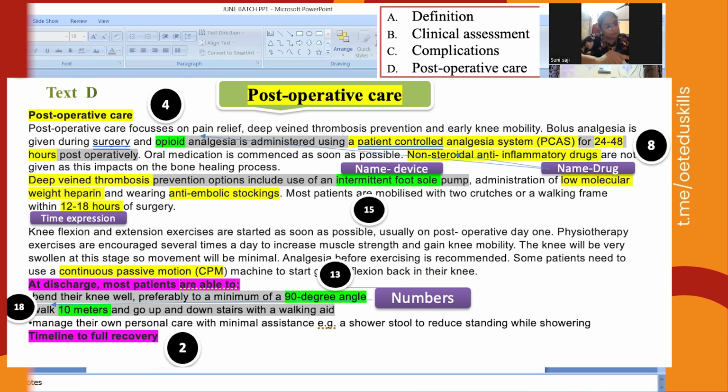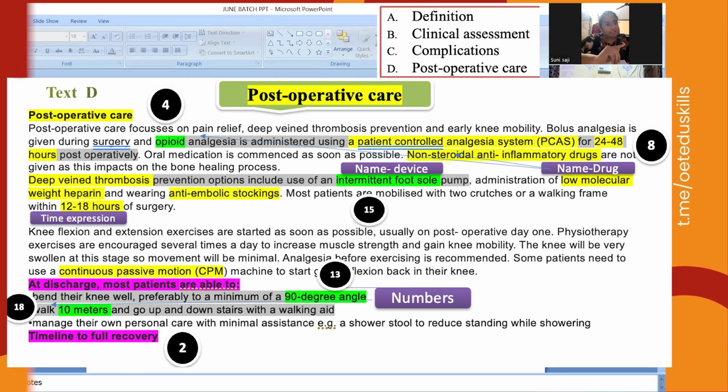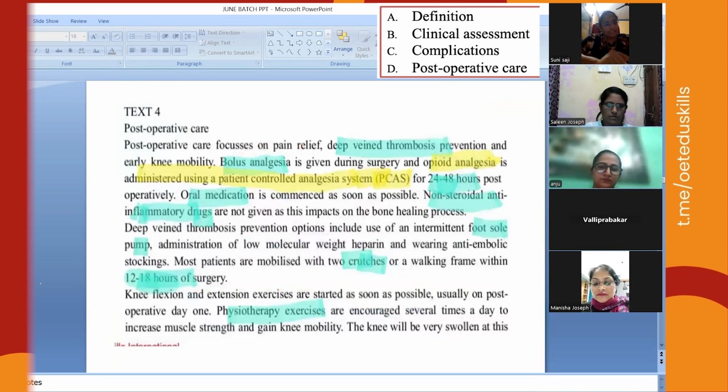Under post-operative care, I marked keywords like deep vein thrombosis, bolus analgesia, 24 to 48 hours, the oral medicine name non-steroidal anti-inflammatory, and the device intermittent foot pump, crutches, physiotherapy exercise. One highlighted word is PCAS. There it is mentioned opioid analgesia is administered using a patient-controlled analgesia system. So I selected the answer for the 8th question: opioid analgesia.